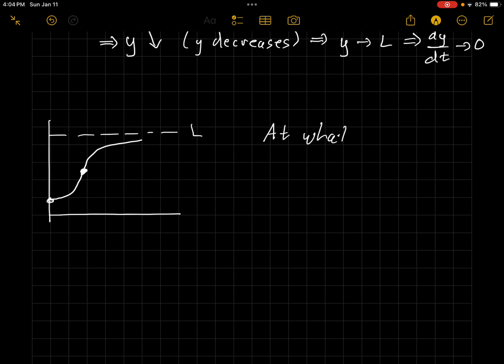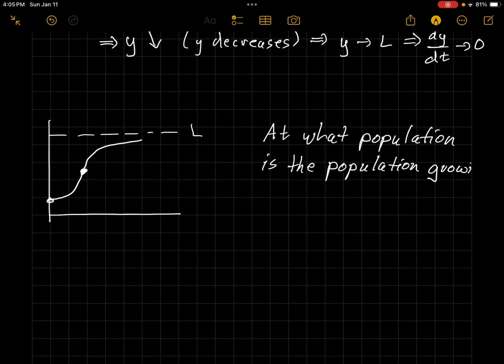At what population, not at what time, but at what population is the population growing the fastest? This is the place where the slope is the biggest. And we want to find what is the population at that point.